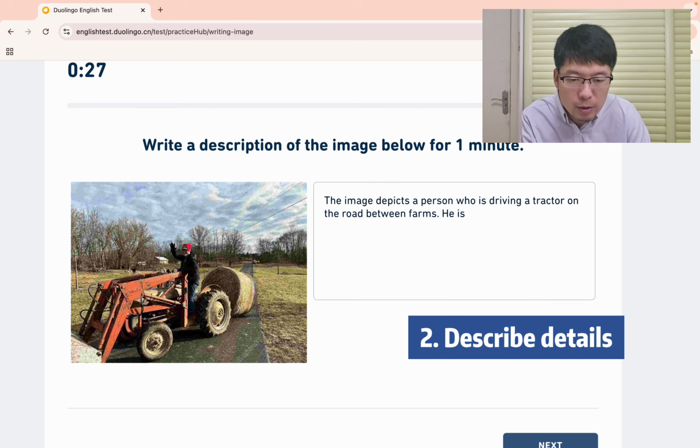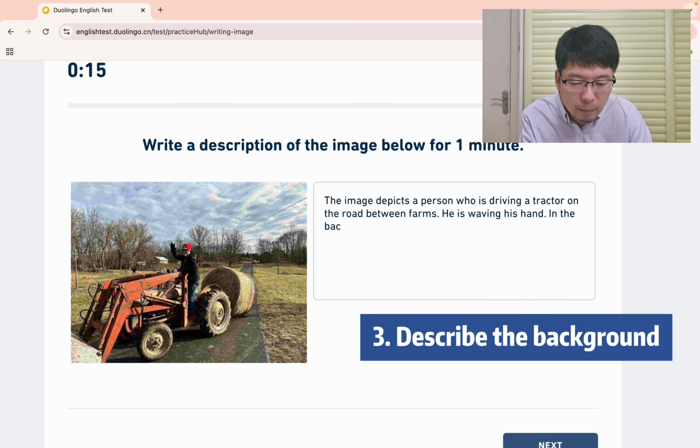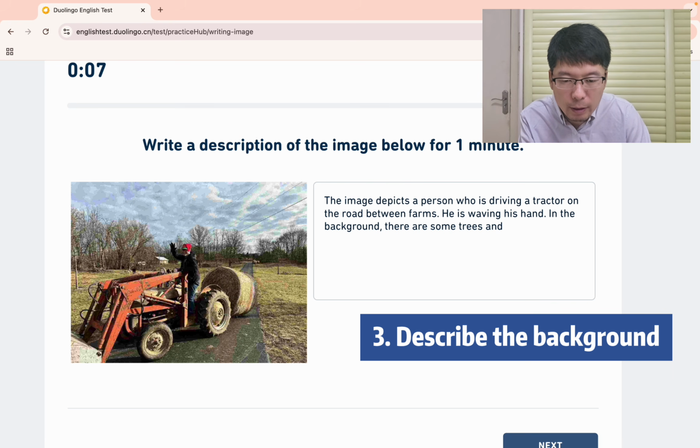He is waving his hand, and in the background there are some trees and houses.